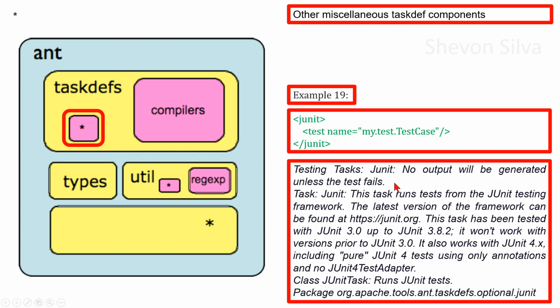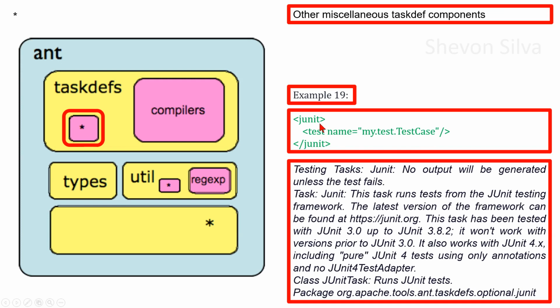Now we are considering JUnit in testing tasks. Here, no output will be generated unless a test fails. The task JUnit runs tests from the JUnit testing framework. The latest version of the framework can be found at https://junit.org.